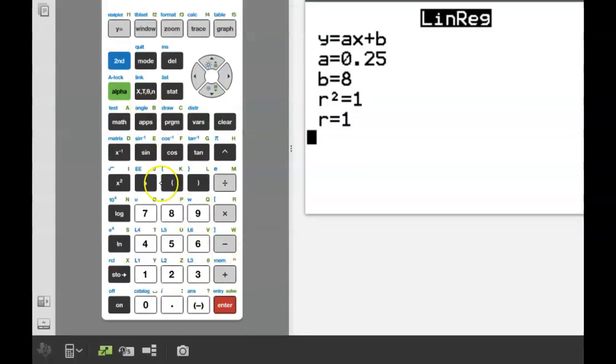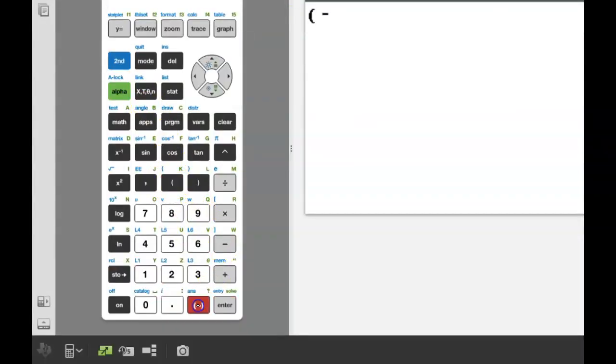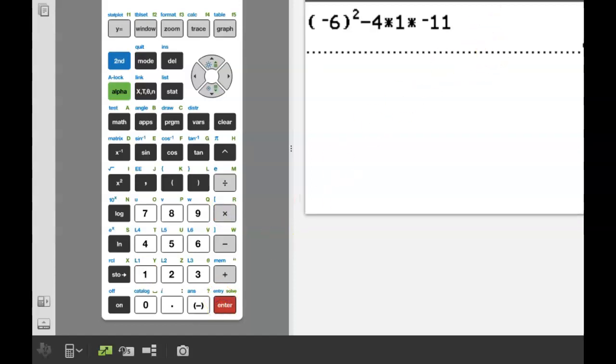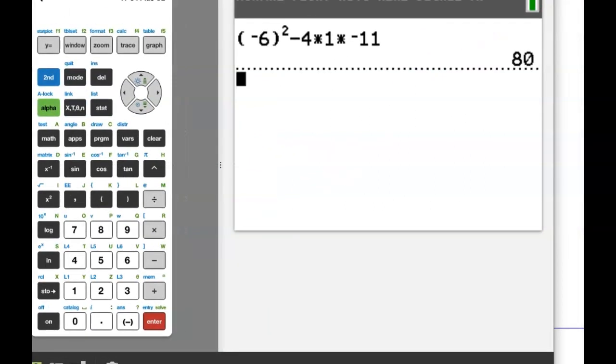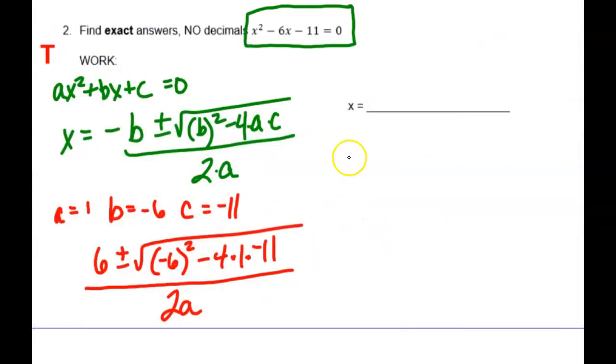If you type negative 6 squared minus 4 times 1 times negative 11, you should get 80. Okay, so it's 6 plus or minus the square root of 80 over 2. Whoops, this was 2 times 1 down here. Sorry, my bad.